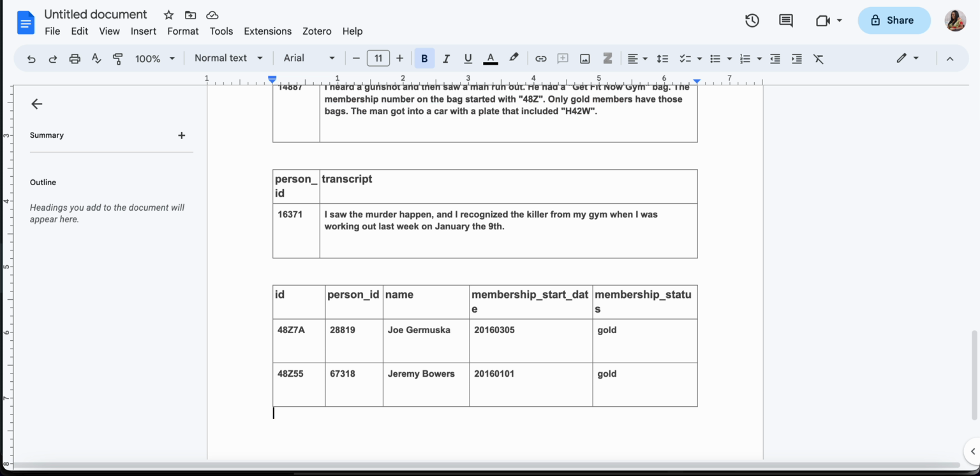She said a lot of things. So one thing she said is, I saw the murder happen. I recognized the killer from my gym where I was working out last week on January the 9th. All right, if that's what she said, let us see.